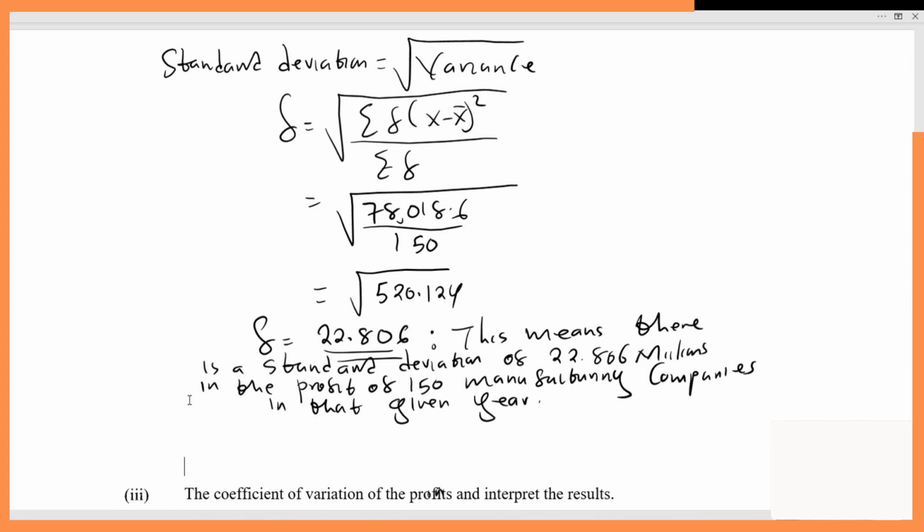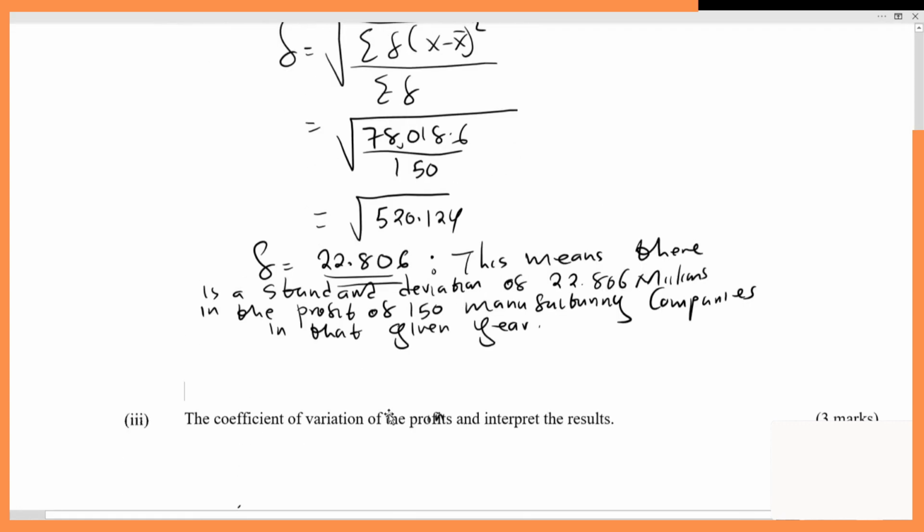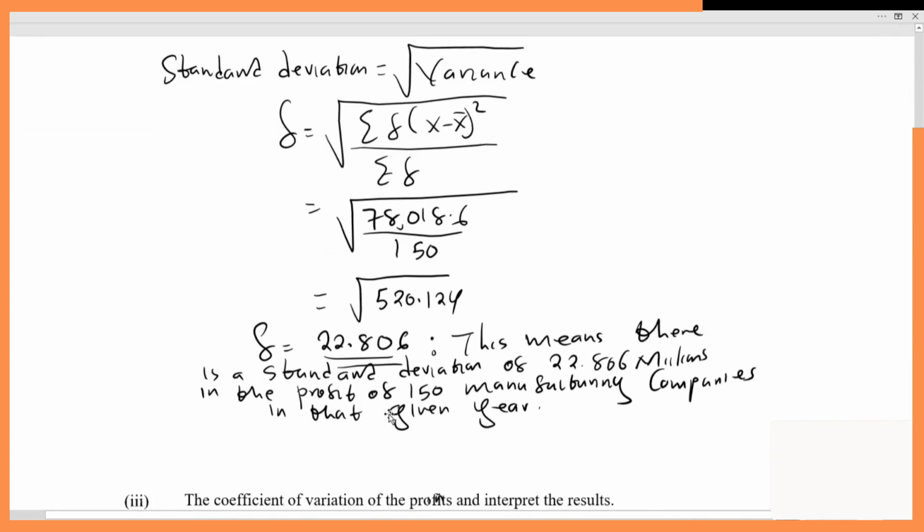So we are done with standard deviation. That's how you are supposed to score your 6 marks on standard deviation.